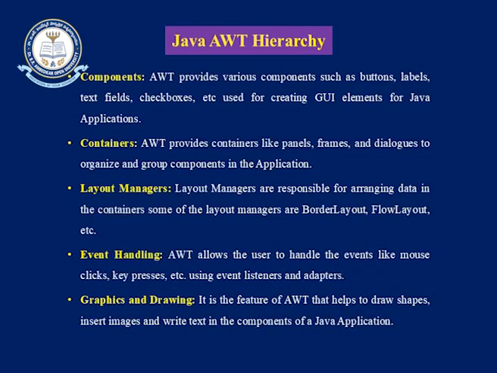In the previous class we discussed the exception hierarchy. Like that, here also we will discuss the AWT hierarchy, Abstract Window Toolkit hierarchy in Java. So what are the things there? Components, containers, layout managers, event handling, graphics and drawings. What is meant by the components?